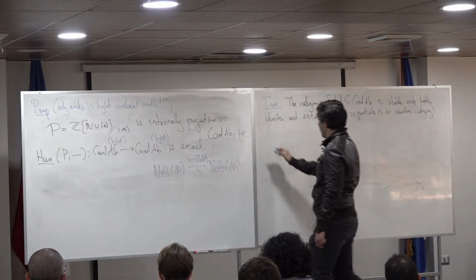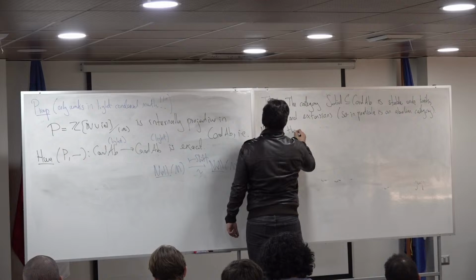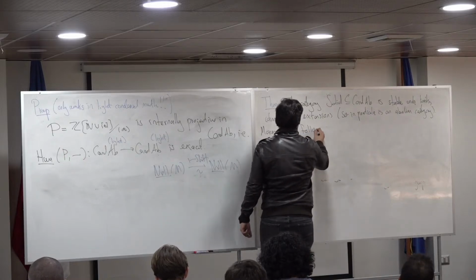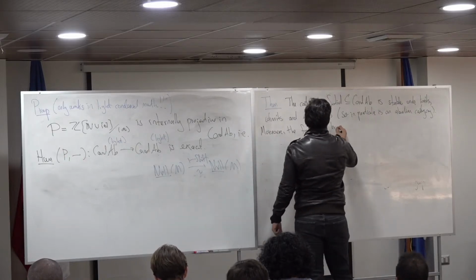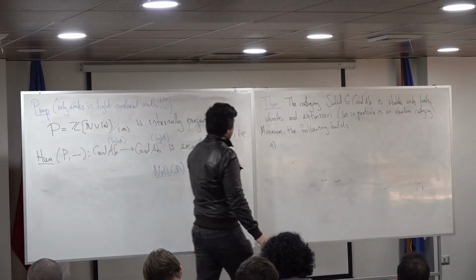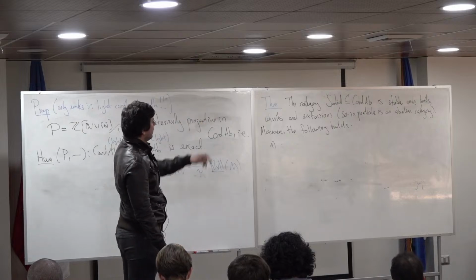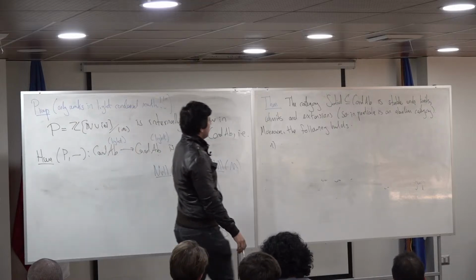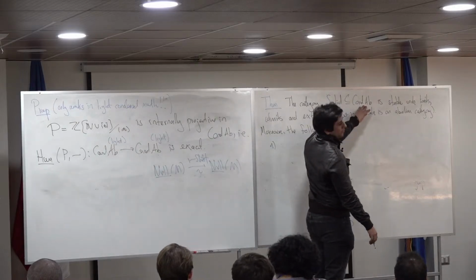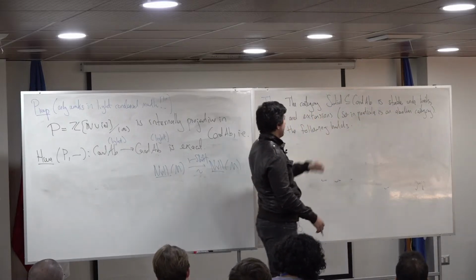Moreover, the following holds. The first property is that, again by abstract category theory, this is a subcategory stable under limits and colimits. Then this inclusion is going to have a left adjoint, just because it's stable under limits.